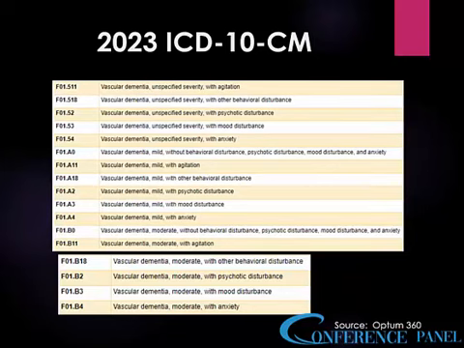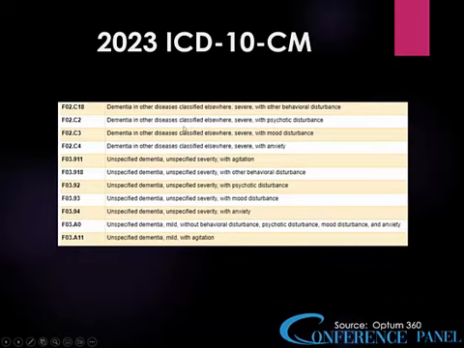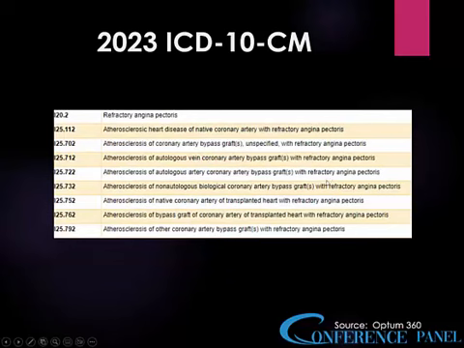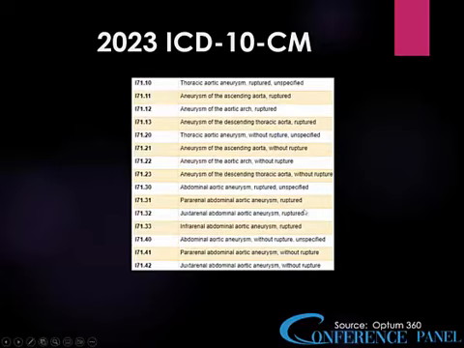With dementia, we have so much going on. We've got 87 new codes just for dementia. Dementia in other diseases classified elsewhere, so it's associated with something like, let's say, Alzheimer's. Then we have some changes to muscular dystrophy. We also have separate codes for refractory angina pectoris. We have additional site specificity for aneurysms.